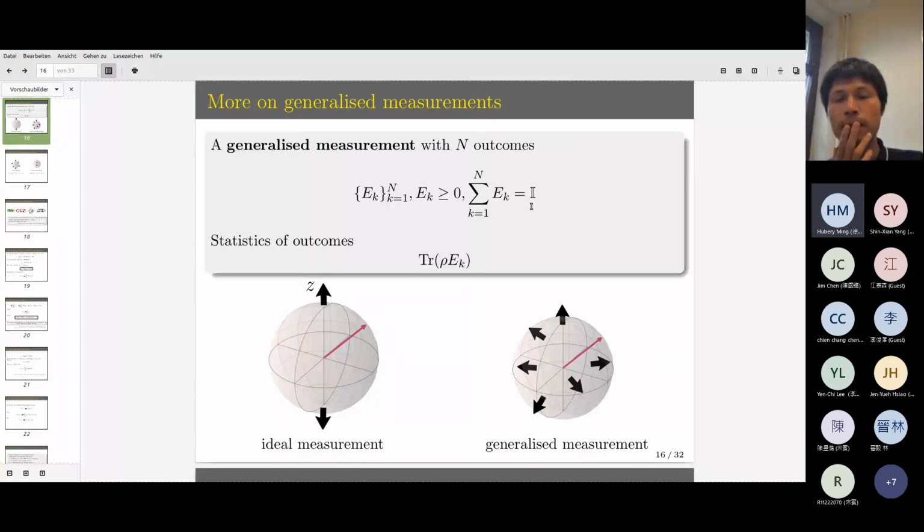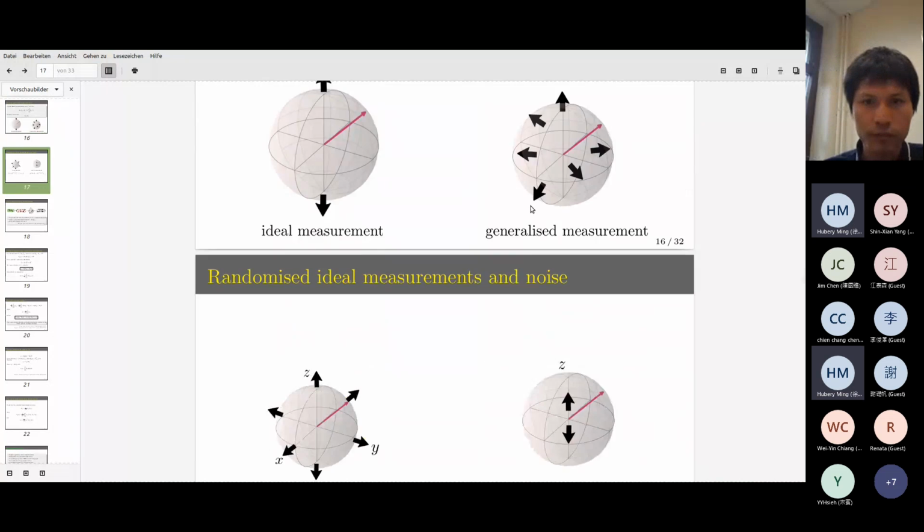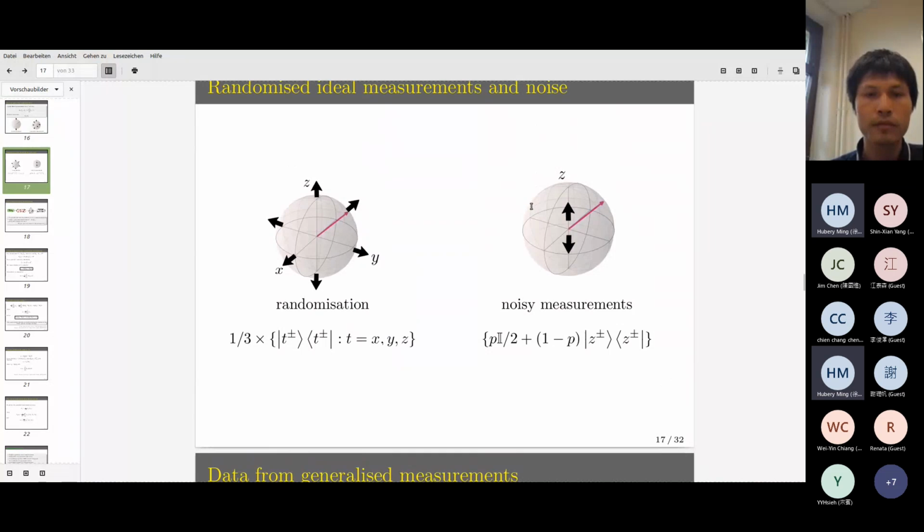Okay, I see. So for the simplest case, the XYZ direction, this right figure and the left figure here, why is it called randomization? Because it's just six directions. Yes.